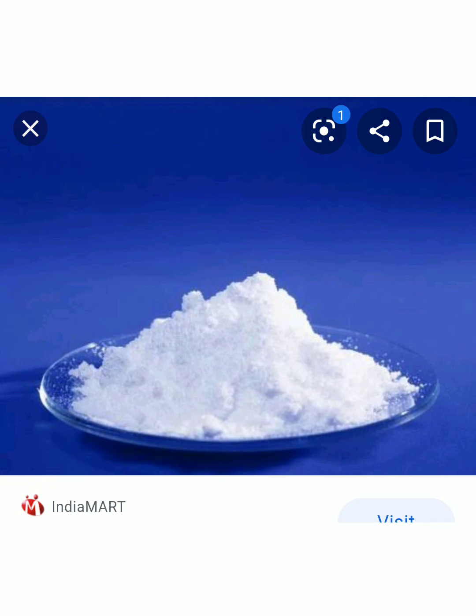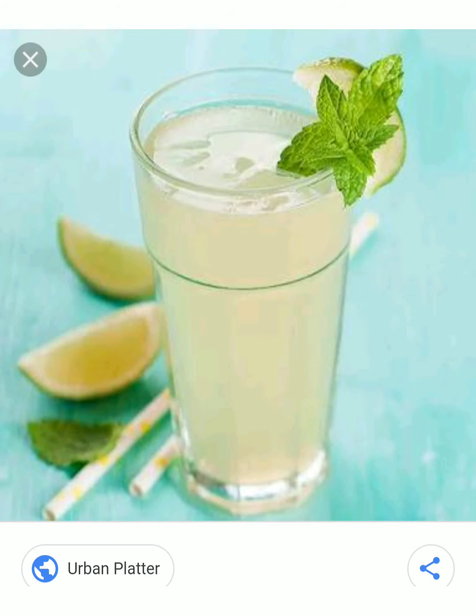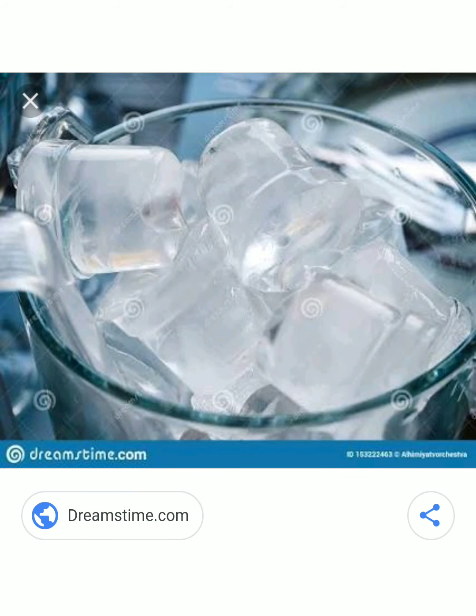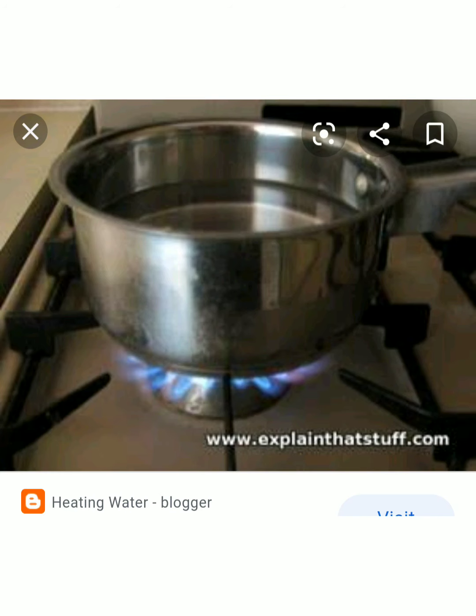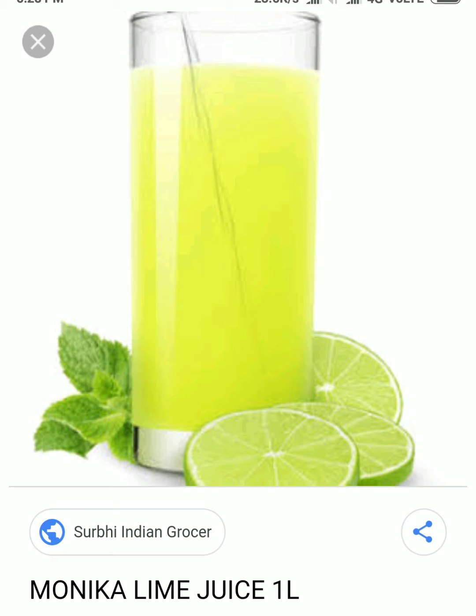When you prepare a juice, when you add sugar, is it before adding ice cubes or after adding ice cubes? Is there any difference between the two? When we add sugar into cold water, it dissolves very slowly. So when temperature increases, the substances dissolve easily or quickly.